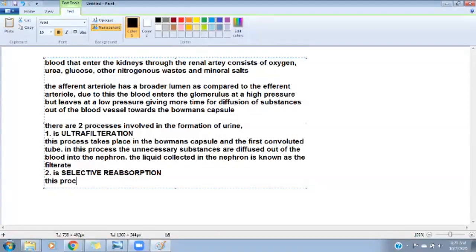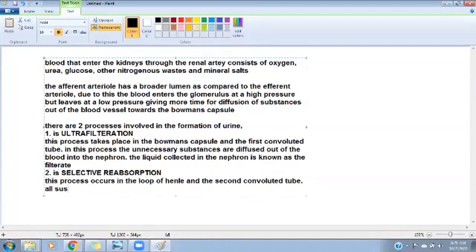This process occurs in the loop of Henle and the second convoluted tube. Okay?